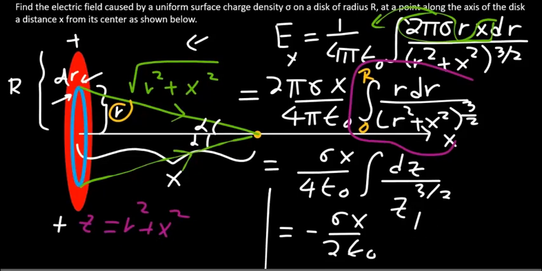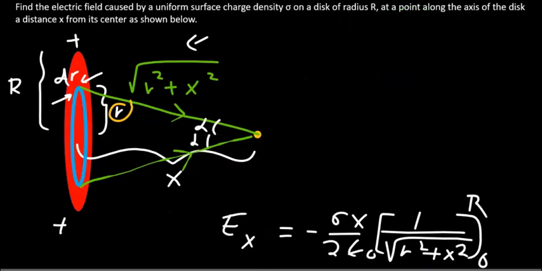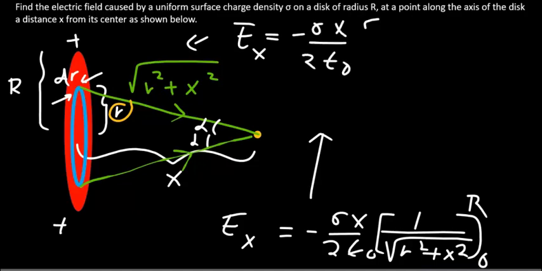That's going to give you 1 over the square root of r squared plus x squared. Now do not forget the lower and upper limit, 0 to R. Now let's substitute the limits in that expression. So the x component of the electric field becomes minus sigma x over 2 epsilon naught.